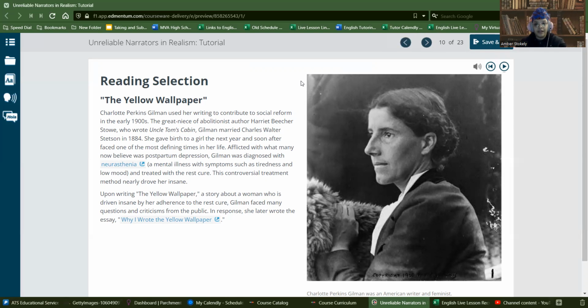And she's able to write about and express that experience in The Yellow Wallpaper. So The Yellow Wallpaper reflects her experience. It's a story about a woman who's actually driven insane by having to rest in a similar way that she had to. At the bottom of this slide, they give you a little more information about her.